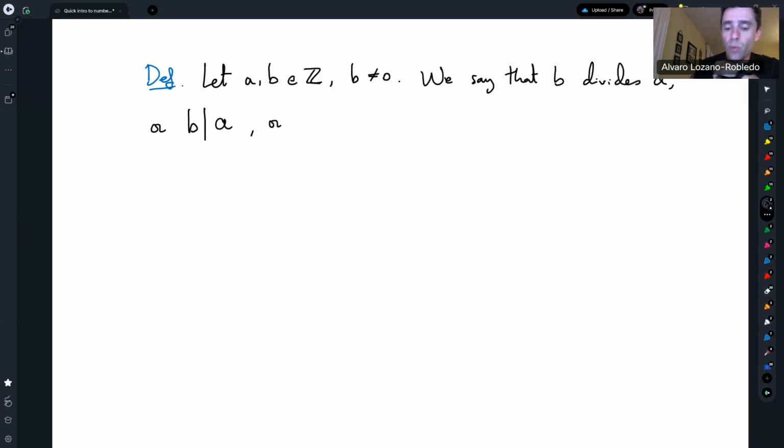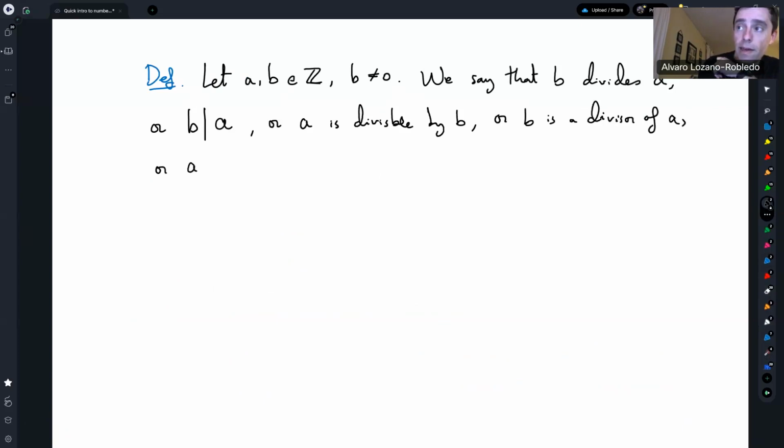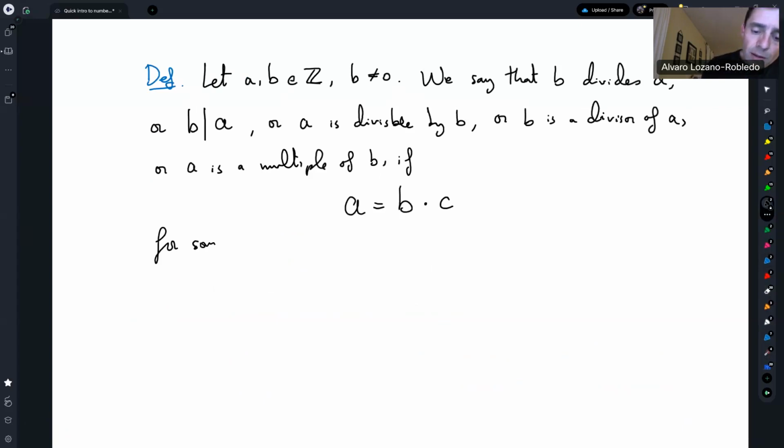But if you want to be more wordy, we say that a is divisible by b, or that b is a divisor of a, or a is a multiple of b, if a is b times c for some integer c.